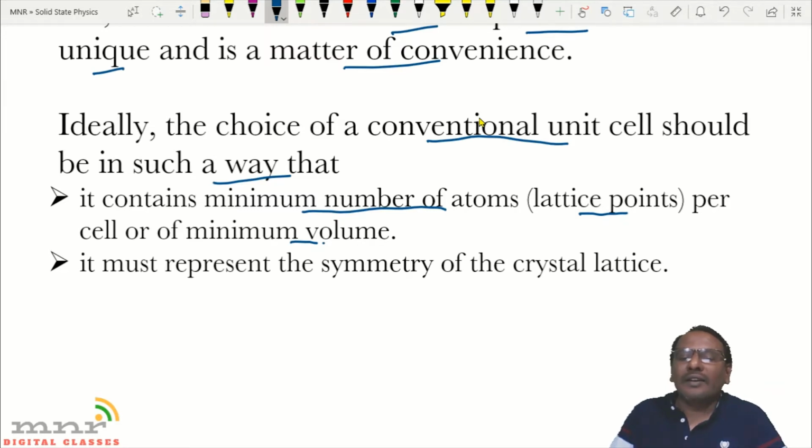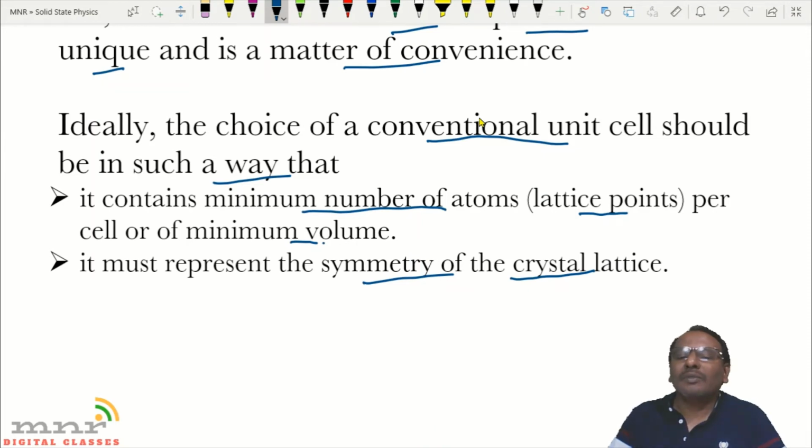The second one, it must represent the symmetry of the crystal lattice. By the definition of unit cell, it is clear that it must be able to generate the crystal when it is moved in different directions, and it must be identical with respect to its surroundings. To have identical surroundings, it must have symmetry.